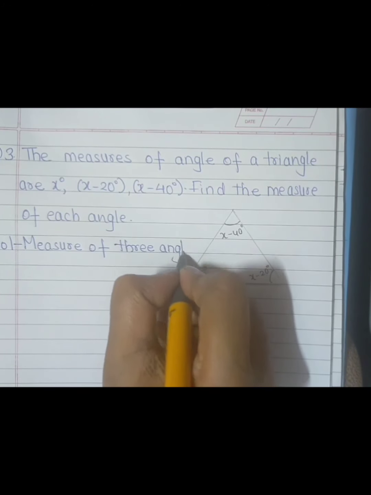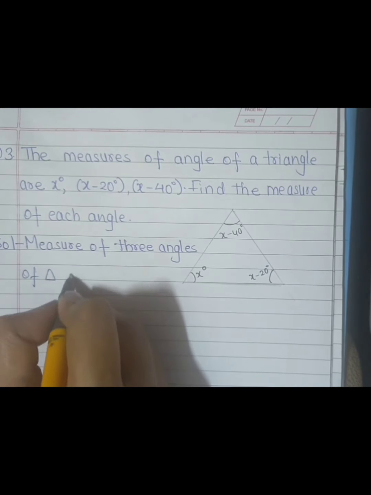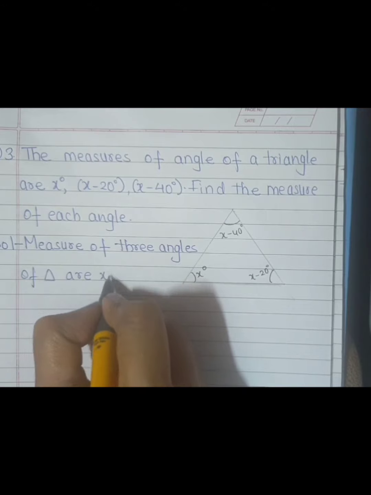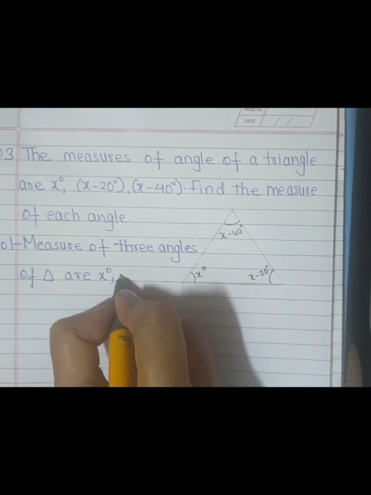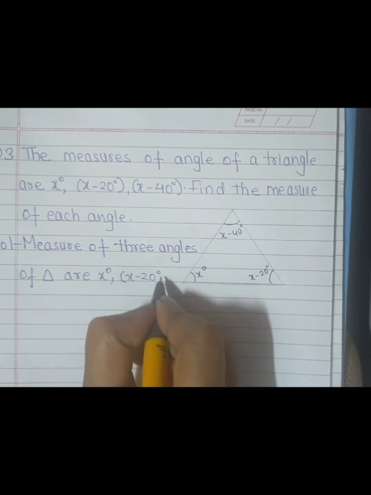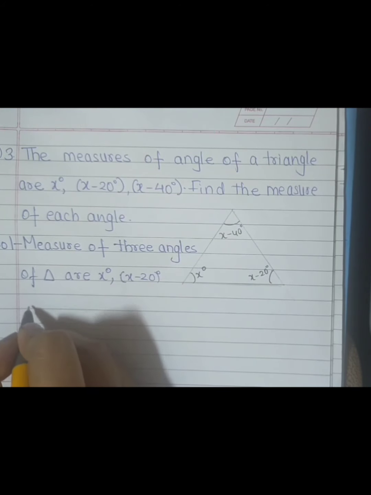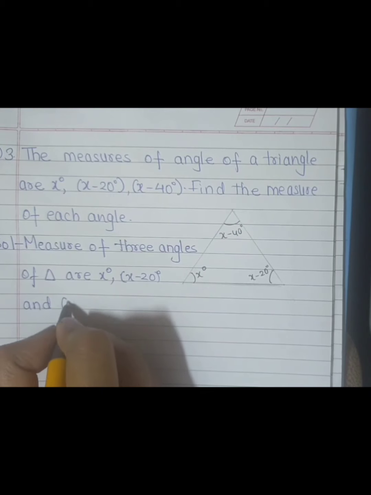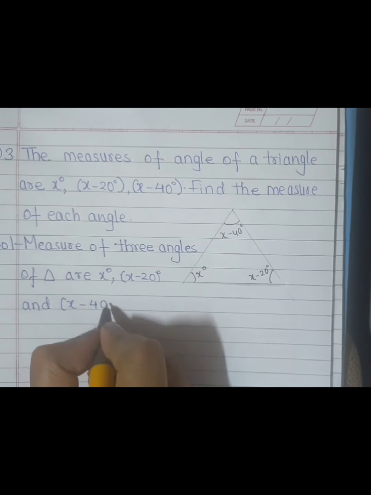The measure of 3 angles given of the triangle are x degree, then x minus 20 degree, and the third one is x minus 40 degree.